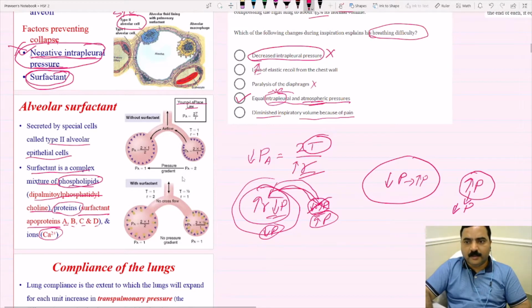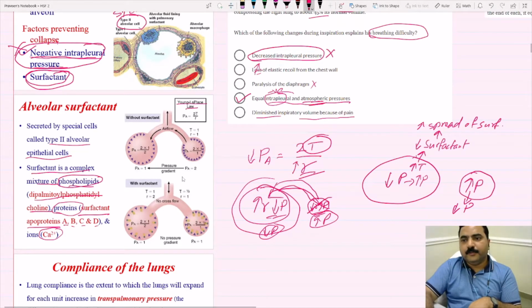Here, you want to increase the surface tension. Increase in surface tension is normally prevented by the surfactant. So you reduce the surfactant. Reducing the surfactant means what? Increasing the spread of the surfactant.